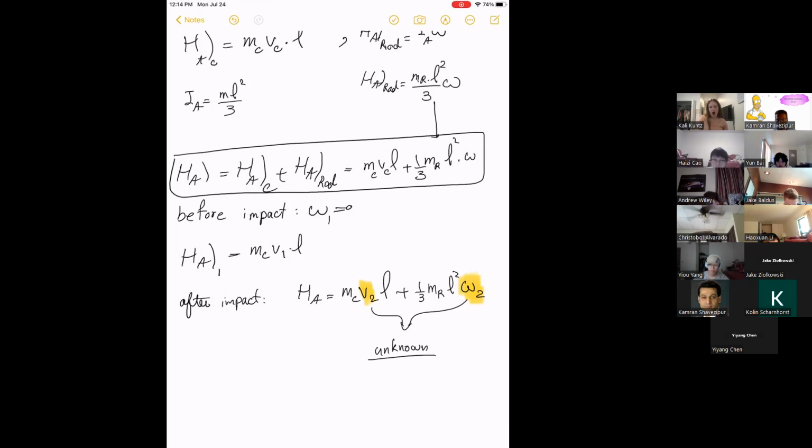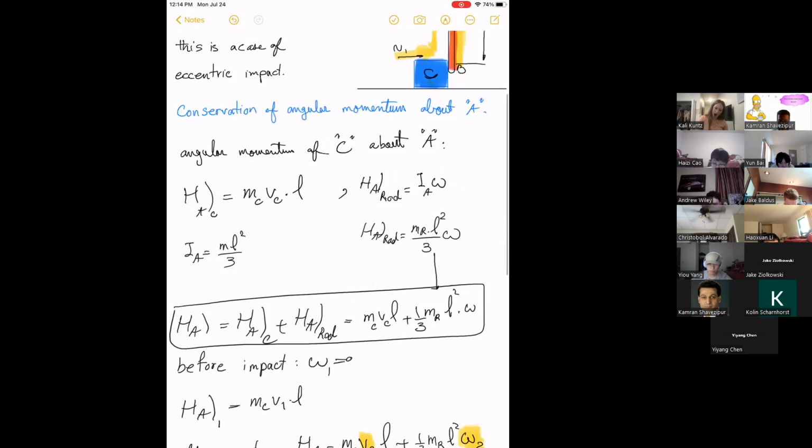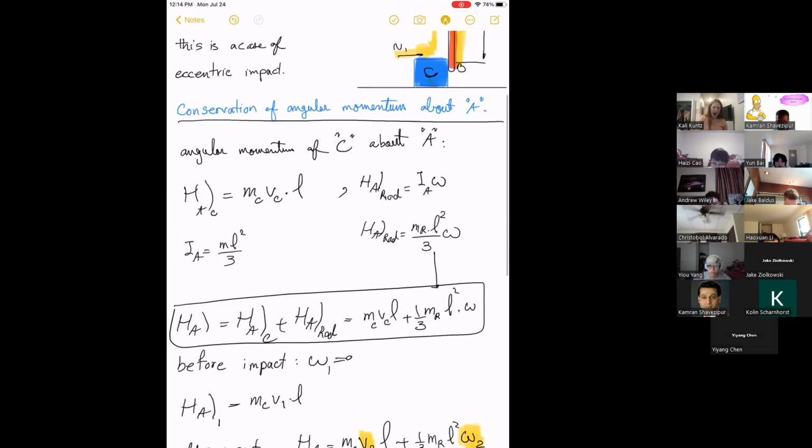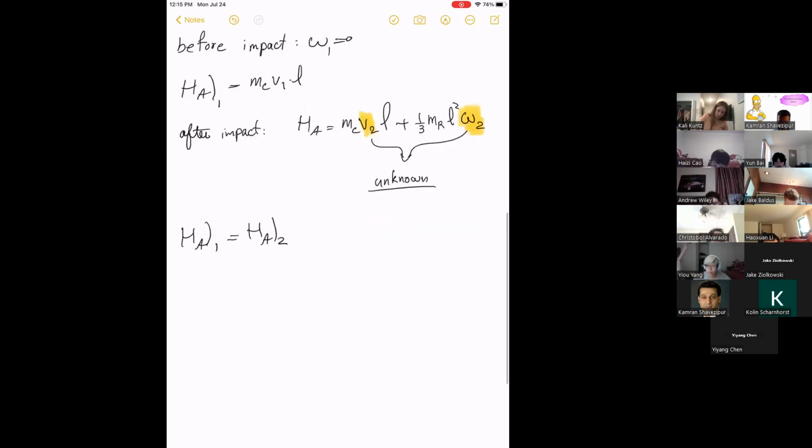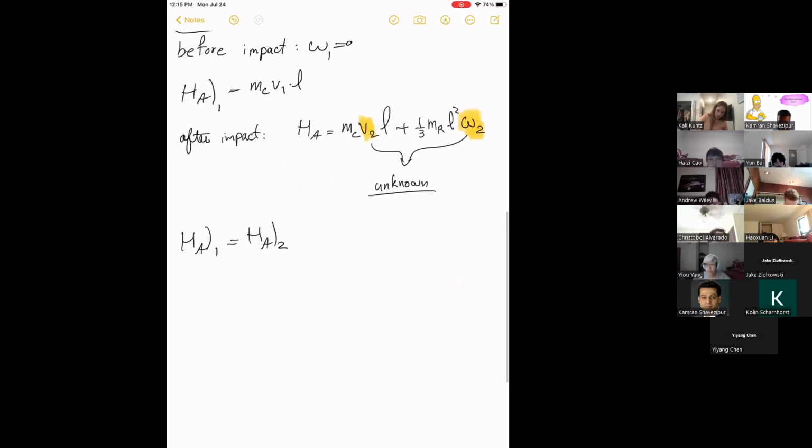Now, if I use the conservation of angular momentum, I should say H about A at 1 equals H about A at 2. If I substitute, I'm going to get M_C V1 L is equal to M_C V2 L plus 1/3 M_R L squared omega 2.